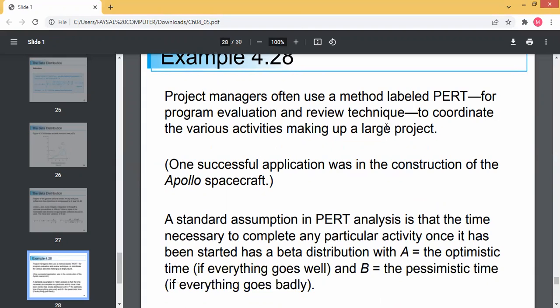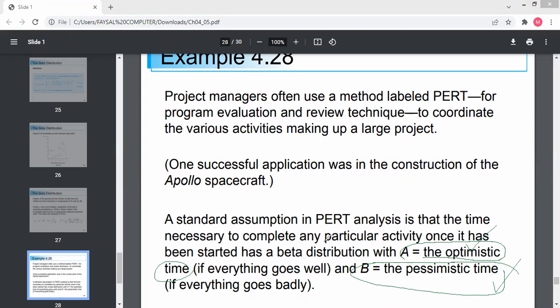So to execute PERT, that is program evaluation and review technique, we use what? Beta distribution with A equal to the optimistic time, and B the pessimistic time. So our domains are optimistic time and pessimistic time.